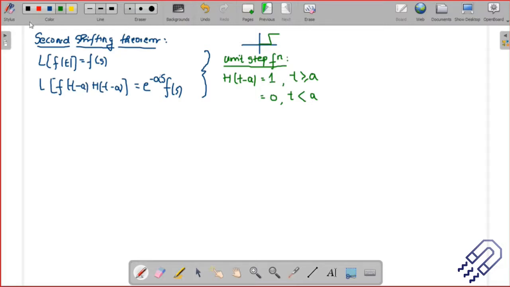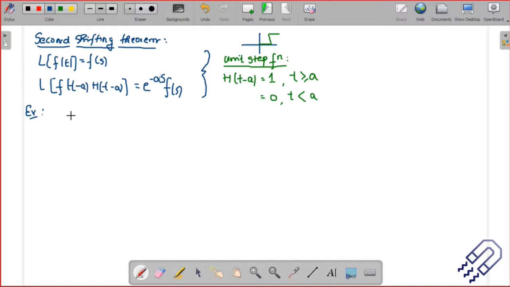So this is the second shifting theorem. Depending on the question, you can get any of these forms. Let's just do an example. Once we do an example, I think it will be easier. Let's take one simple example here.